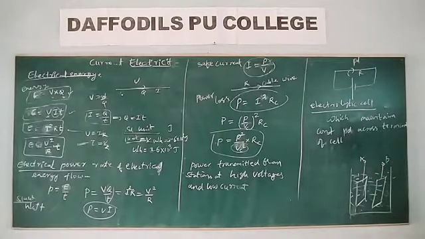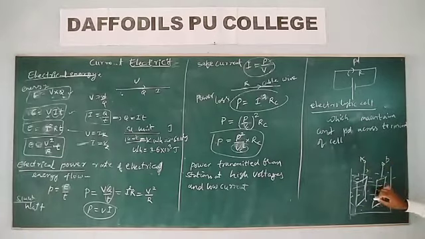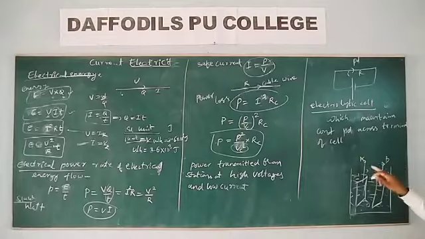A and B are the terminals of the cell. Cations move towards the cathode and anions move towards the anode, and because of this, a potential difference is created between the terminals of the cell.